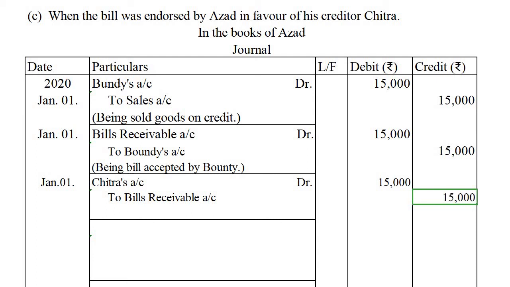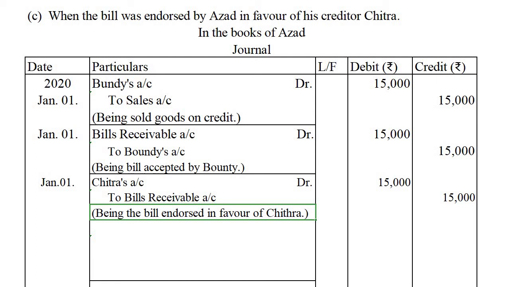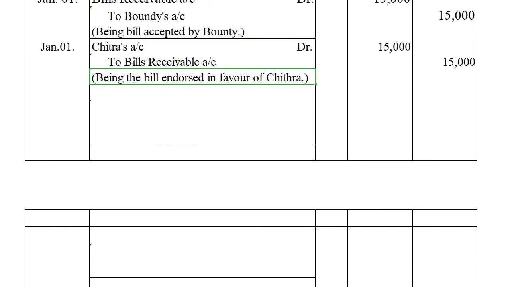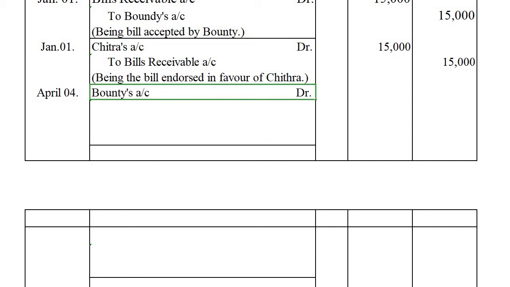Okay, what can be the narration? Being the bill is endorsed in favor of Chitra, the creditor. And on April 4, he failed to pay the money, so bounty has failed. So bounty's account debtor and noting charges is to be paid to Chitra.